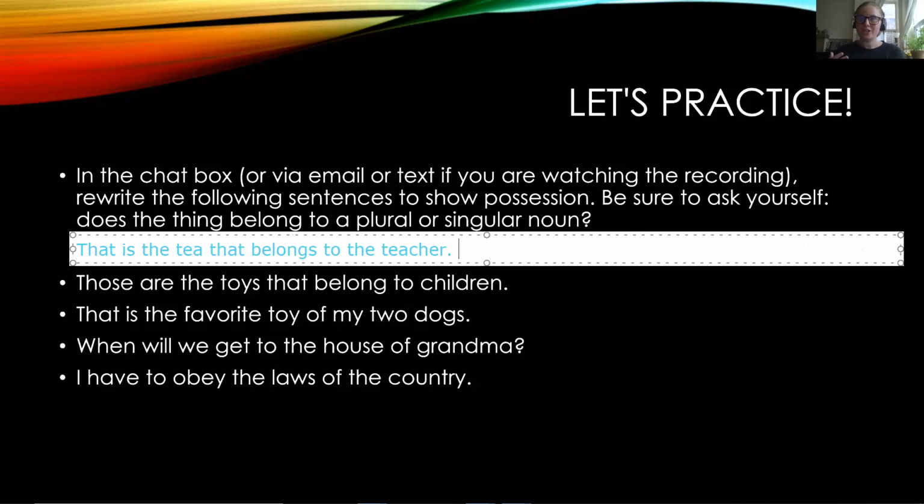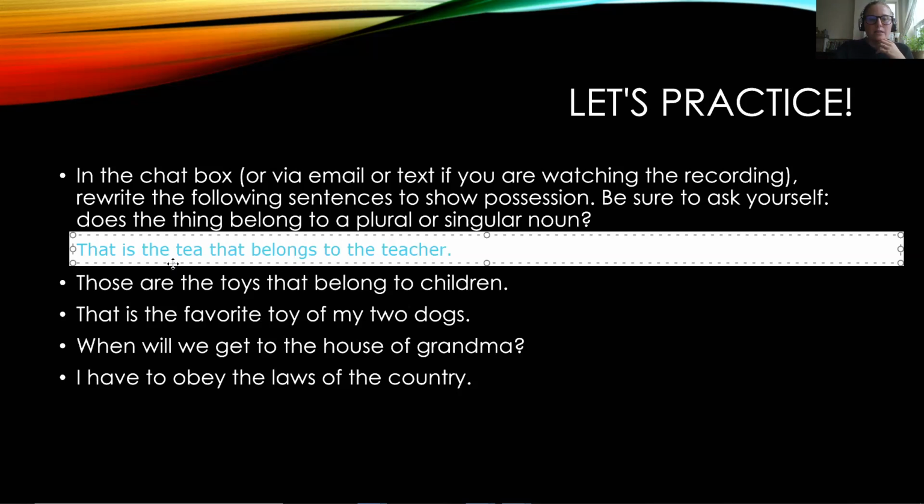So showing possession with an apostrophe takes up less space. It's more concise and is often more easily understood by your reader or whoever's listening to you speak. That tea belongs to the teacher. How I would want to rephrase it is, I'm thinking of what is the thing that is possessing and what is being possessed, what is being owned, and who is owning it. So that is the tea that belongs to the teacher.